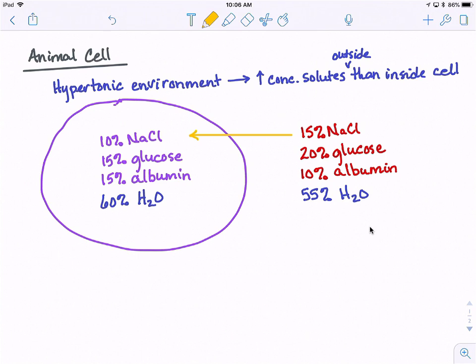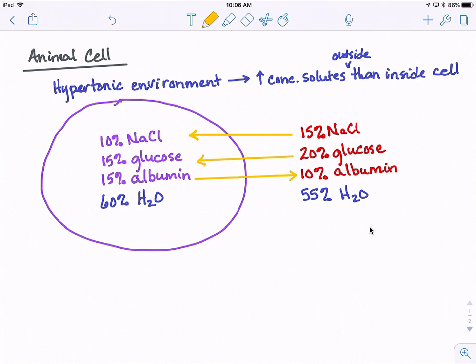But all we're concerned about is is it moving in or out or not. Okay. Glucose, is it moving in or out, or is it going to stay the same? Going from 20 to 15. Very good. Albumin, in, out, or stay the same? Out.